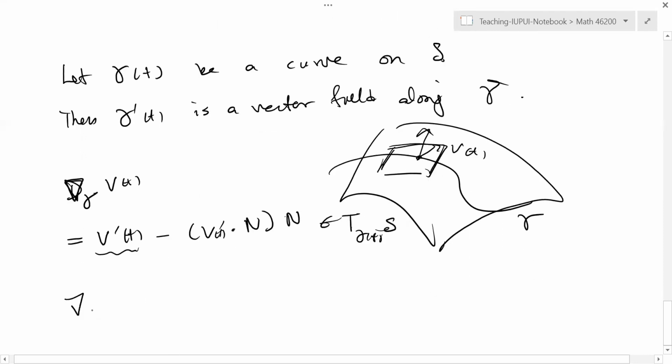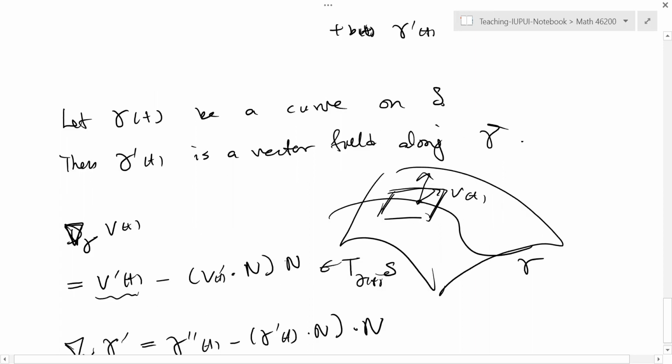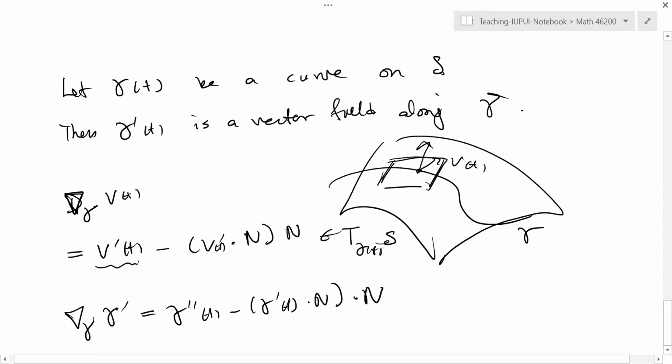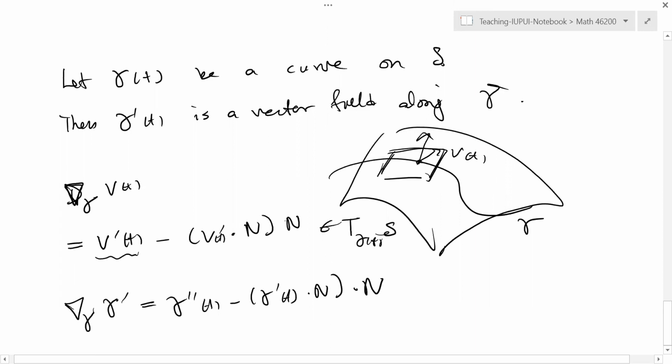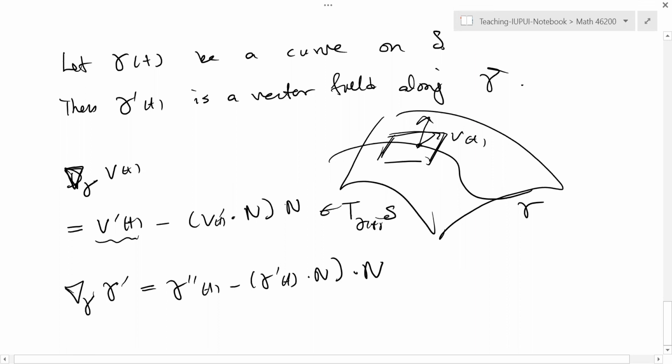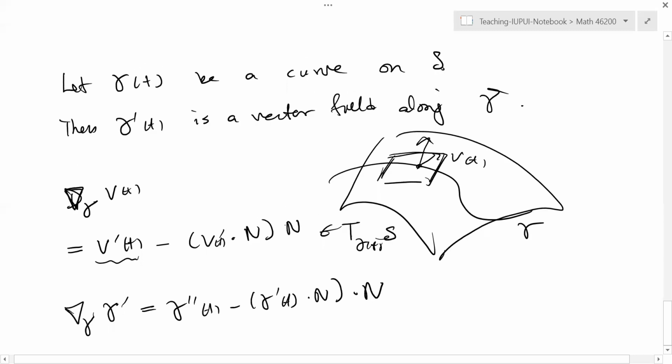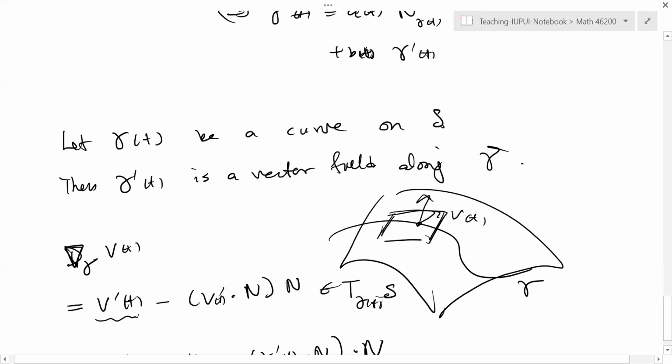Now, if you want to look at the covariant derivative of the tangent vector field, this is going to be gamma double prime minus the component of gamma double prime along n, times n. So, slightly different.